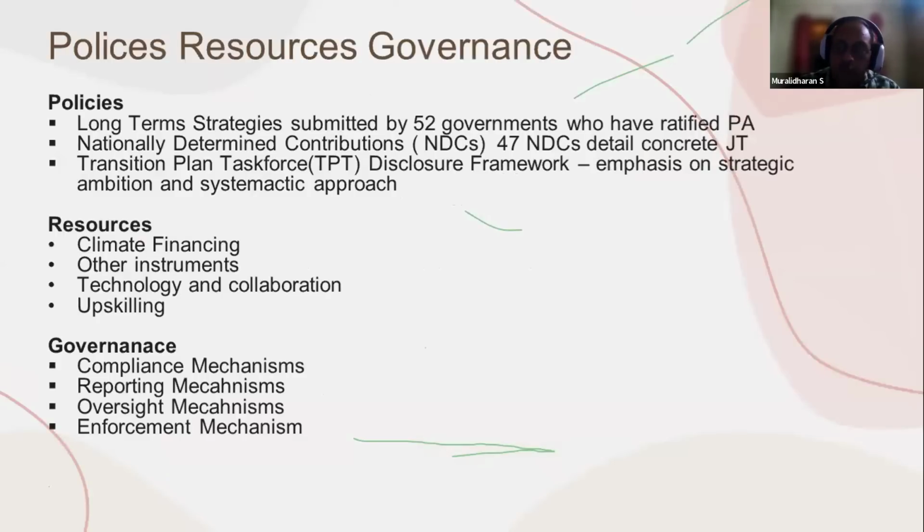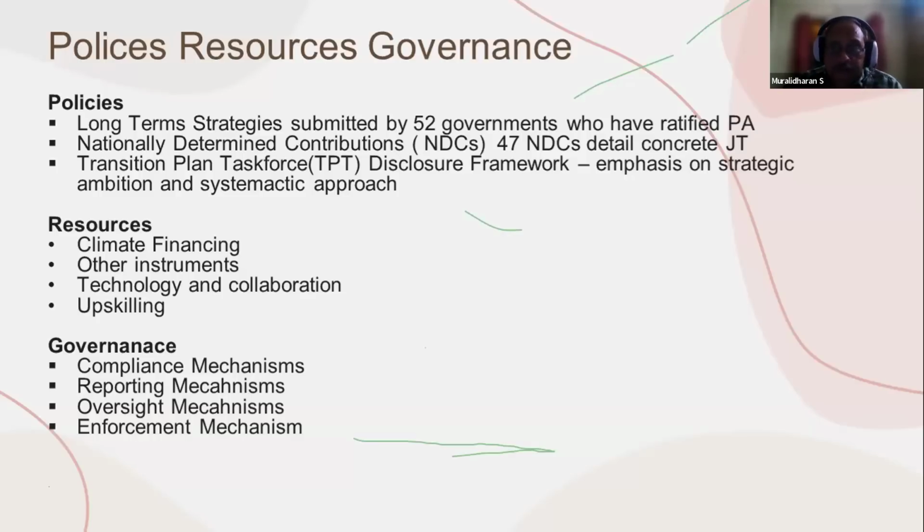When it comes to policy, resources, and governance, it becomes very important that every country has a long-term strategy. And when we look at the UNFCCC, they have indicated that only 52 countries have ratified the Paris Agreement.